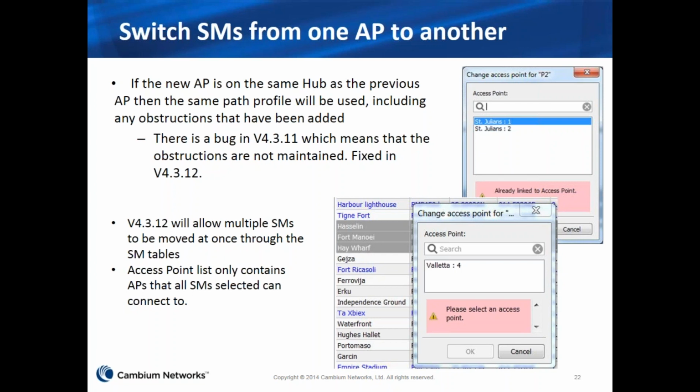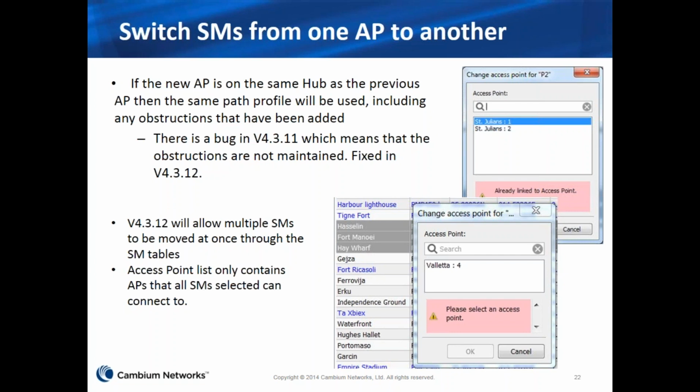This feature could also be useful if you need to change the location of an access point. You can create the new access point and then move all your existing SMs from the old AP to the new one, and it will maintain as much as it can from the settings that you've already configured on the SMs.